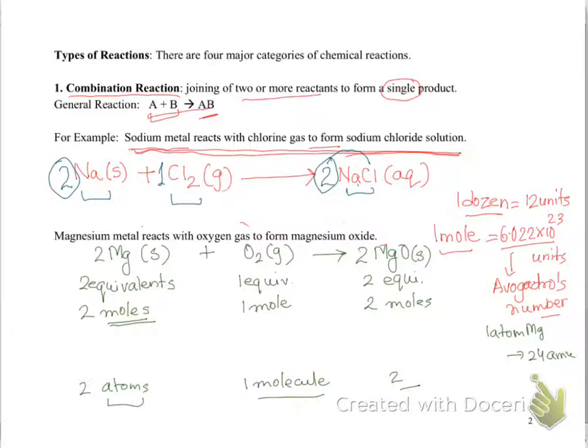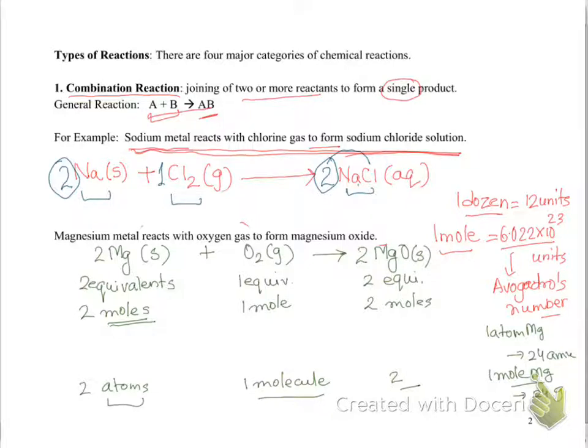AMU is the unit to measure the mass of an atom, and we cannot do that in the lab. Atom is very small. But if I take 1 mole of magnesium atoms, then 1 mole of magnesium atoms will have a mass of 24 grams. And yes, I can weigh 24 grams.